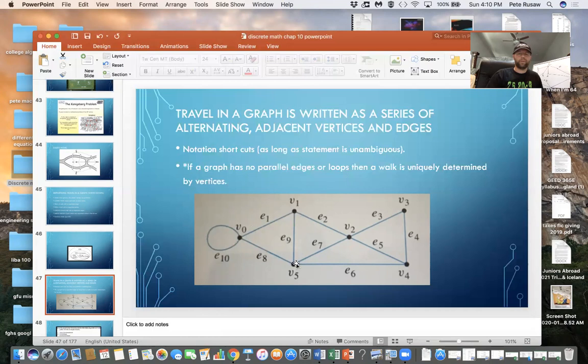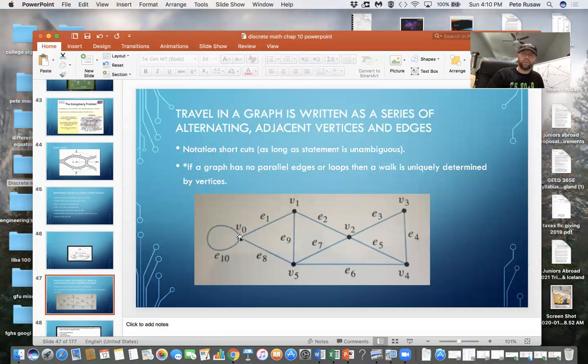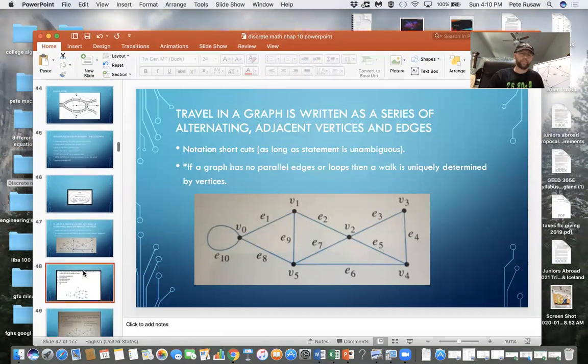I suppose you could say V5 to V0 to V0 to V1. And that might make it, since I repeated the V0, that might make it obvious that something happened in there. But in general, you try to say it as succinctly as possible without ambiguity when you're talking about movements in a graph. So let's practice a little bit.